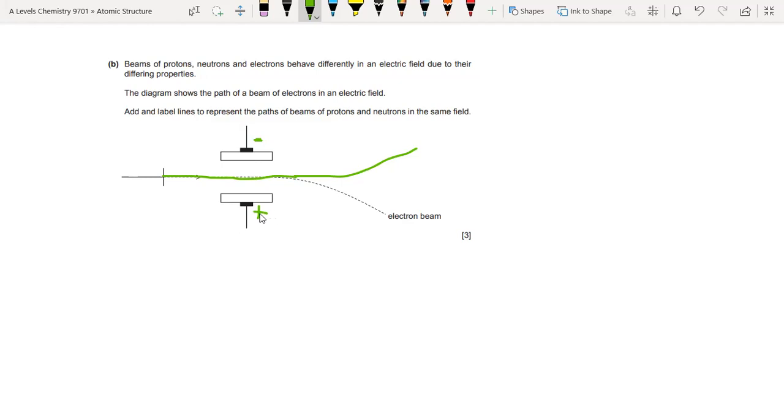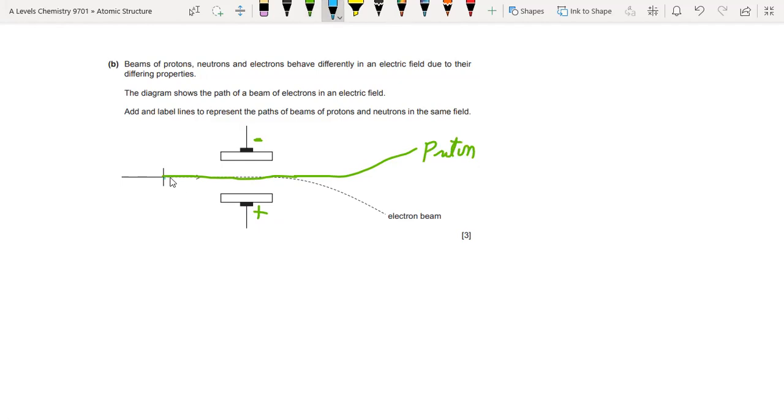In other words, we can say due to the repulsion of the proton by the positive plate. Similarly, if a neutron is passed, then what will happen?